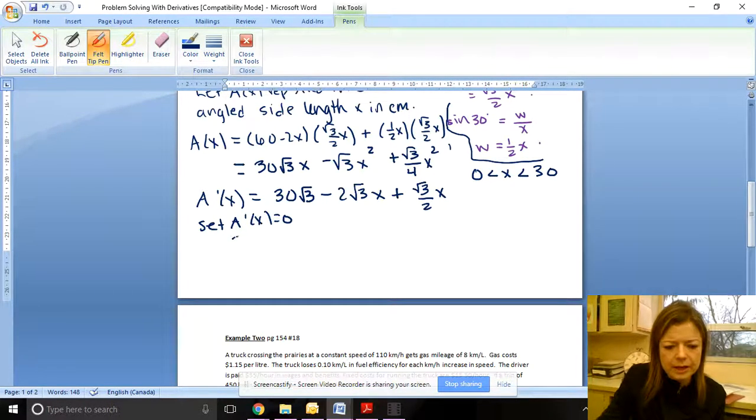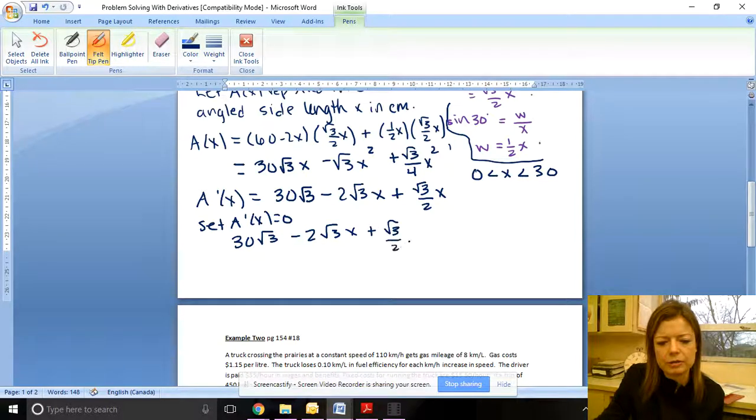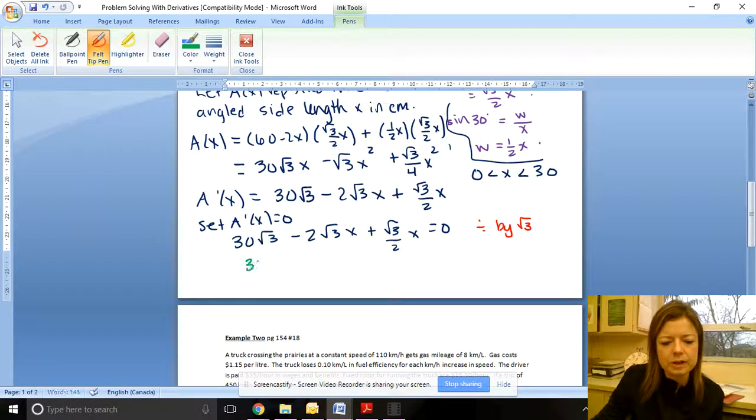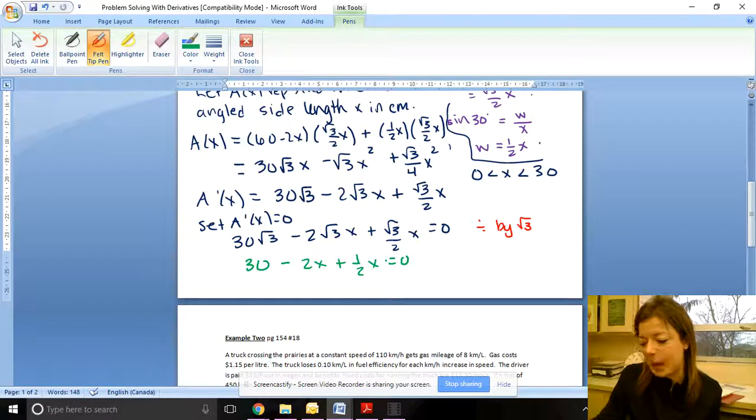So we get 30 root 3 minus 2 root 3 x plus root 3 over 2 x equals 0. Now that we have this as an equation, we can divide everything by root 3, just to get that root 3 out of there. That's going to make our lives a lot easier. So then we just get 30 minus 2x plus 1/2 x equals 0. Are you kidding me? That is a million times easier. So we go ahead and solve this, and we get x equals 20.